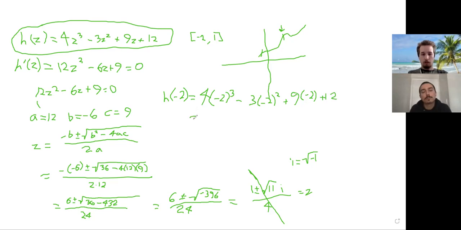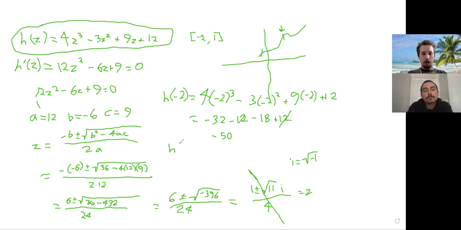And so what do we get for this? Negative 32, minus 12, minus 18. We get negative 50. The 12s cancel out.